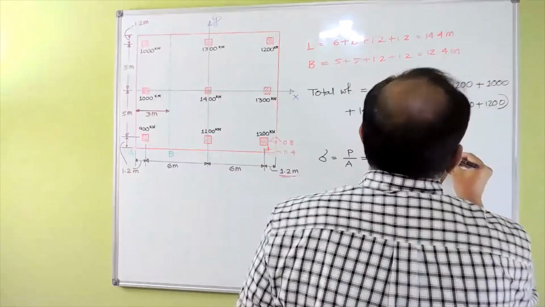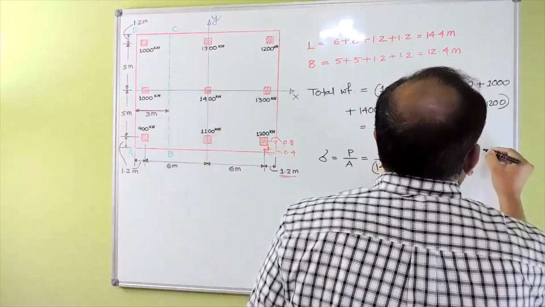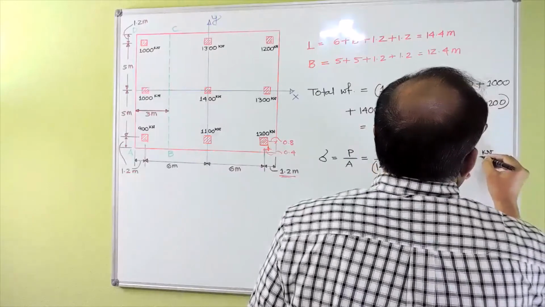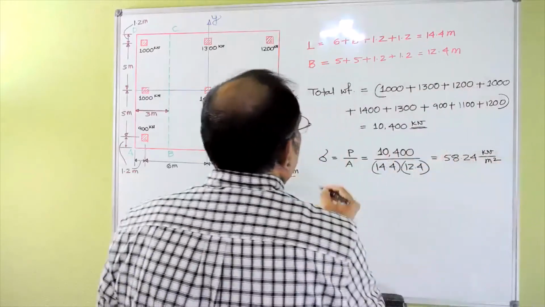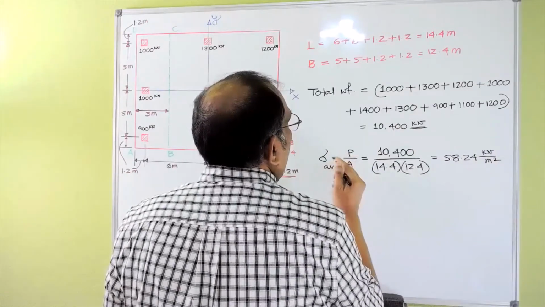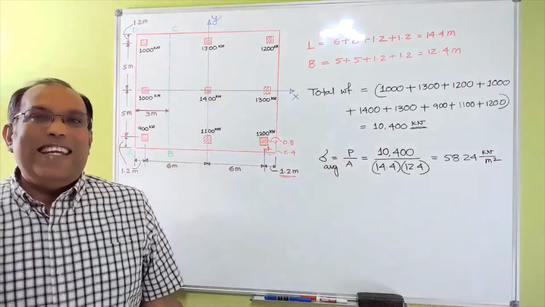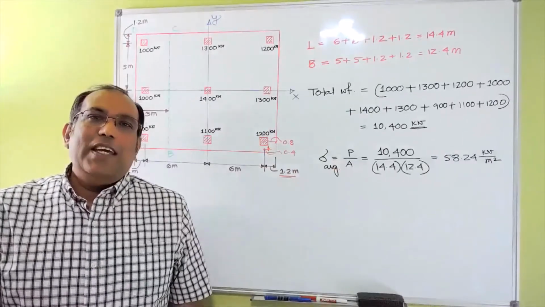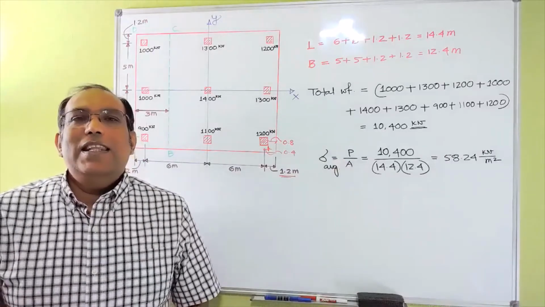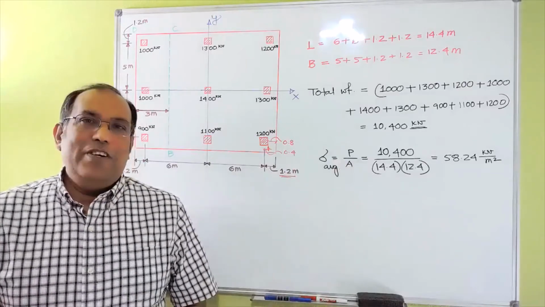That's actually 58.24 kilonewton per meter square. Let's say average, because if there is any eccentricity, which we'll check in the second part of the problem, then you will see some part has a little higher pressure than the other part. So we are just assuming that this is the average pressure.